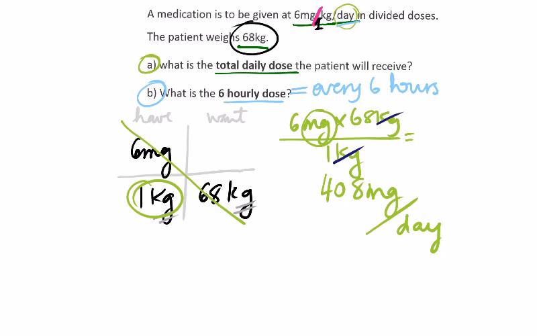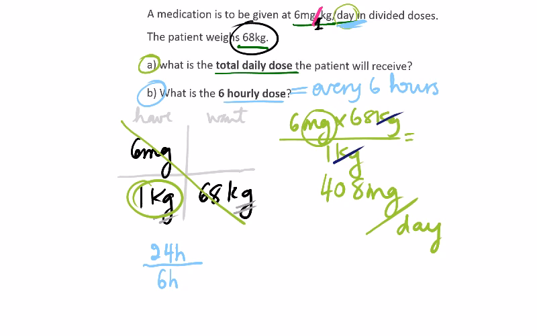Because the quantity we had originally was per day, one full day has 24 hours, and if we're going to give this drug every 6 hours, how many lots of 6 hours are we going to have? 6, 12, 18, 24.